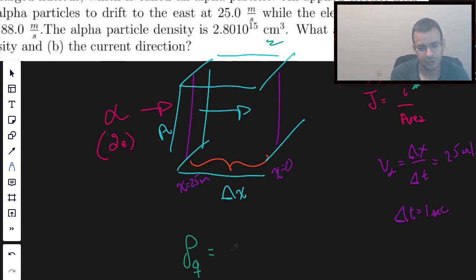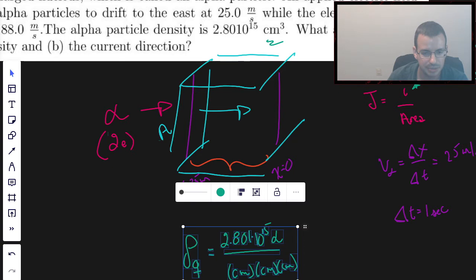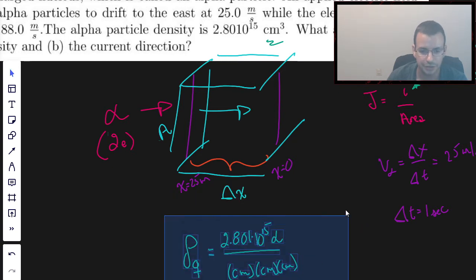Our density is 2.8 times 10 to the 15th alpha particles over centimeters cubed. Instead of writing centimeters cubed, I'm going to write centimeters multiplied by each other a total of 3 times. It's the same thing, but it keeps me more honest when I try to convert.